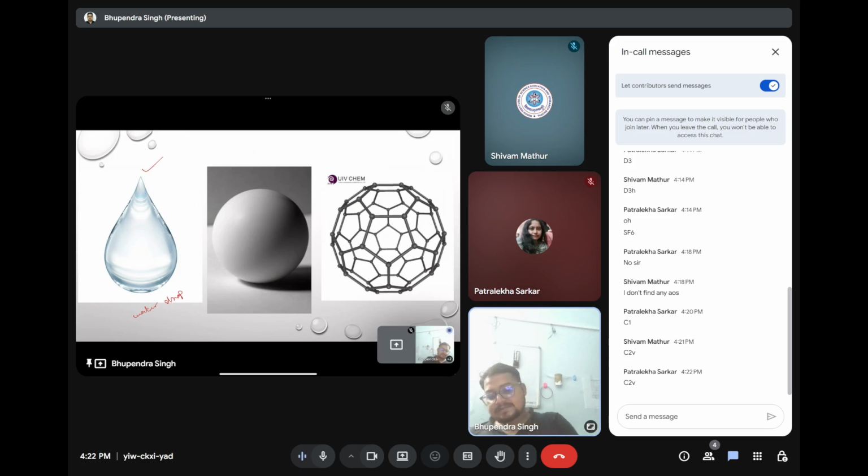If you pass the axis from here, you can rotate this drop by any angle, like this. So it's like a balloon. Imagine the balloon. Now tell me what is the point group.